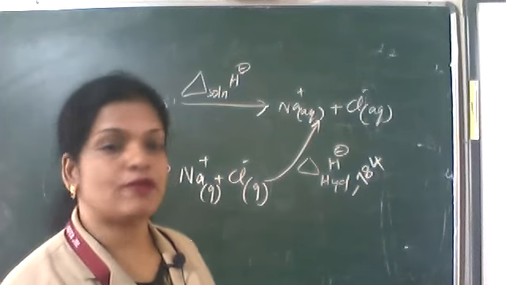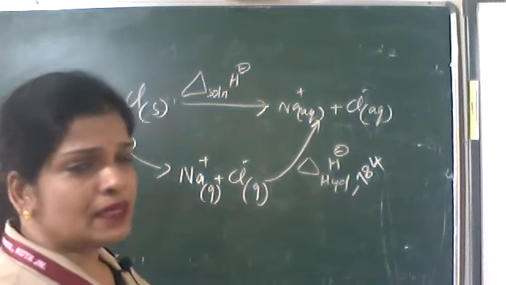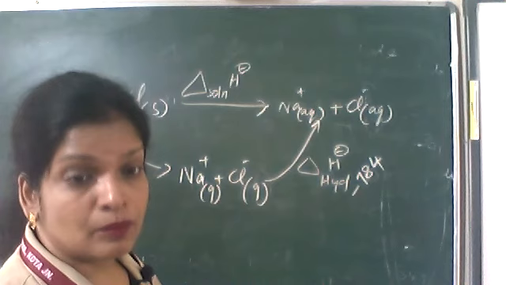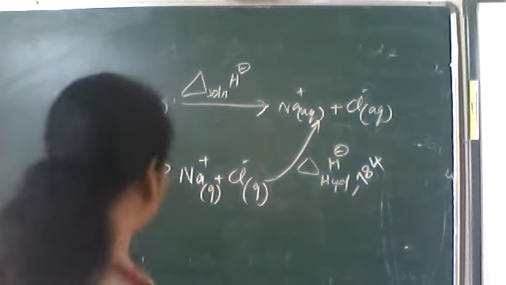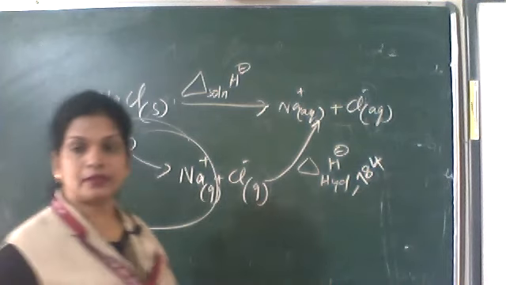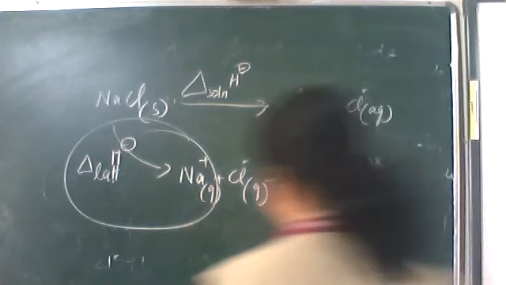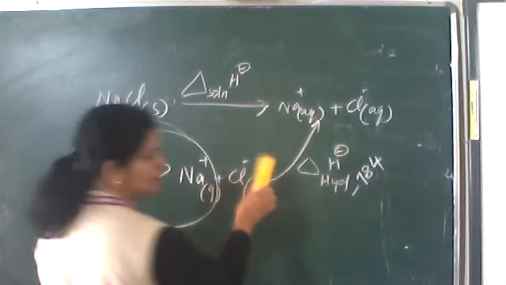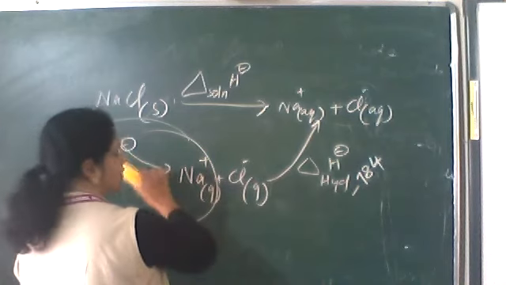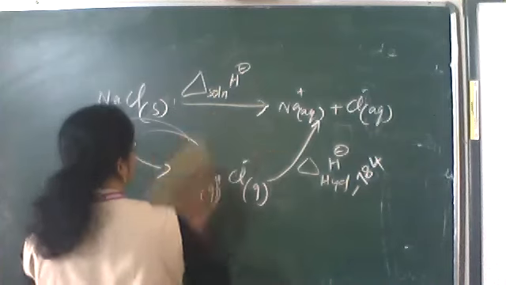So we are going to find out the lattice enthalpy through another method called Born-Haber cycle. So for this portion we are going to another topic, that is called Born-Haber cycle. After that we will come back to this portion, and after finding this you will add this plus this to get enthalpy of solution.